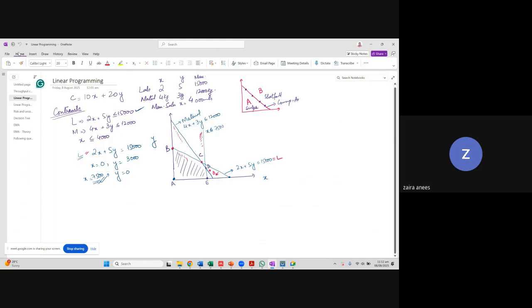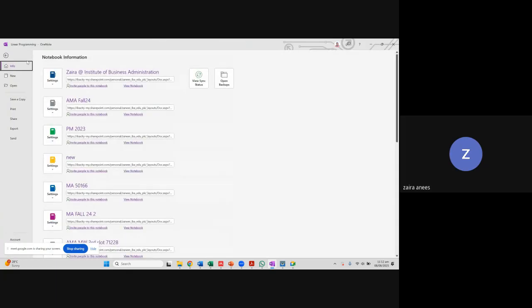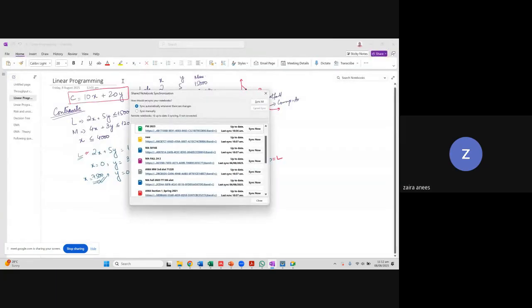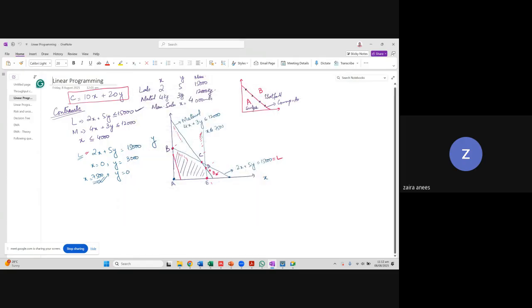Actually, the scale option is not available on my tablet. So I'm just trying to, yeah, we got this line. So now what you are supposed to do is something which, if you do it on paper, seems quite stupid, but sometimes you have to do this.